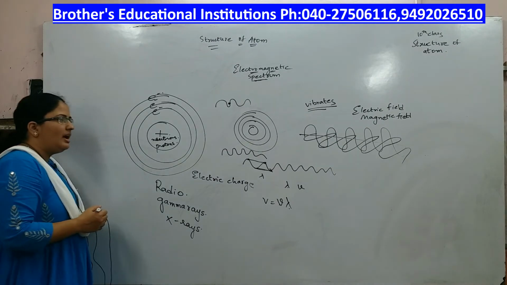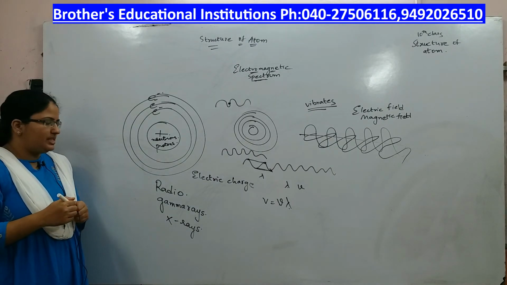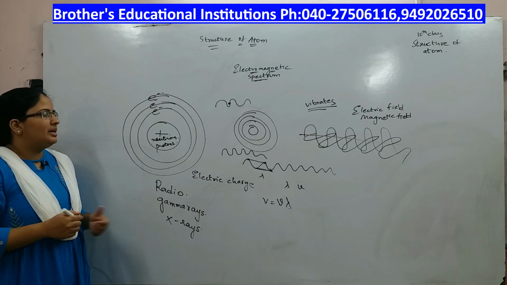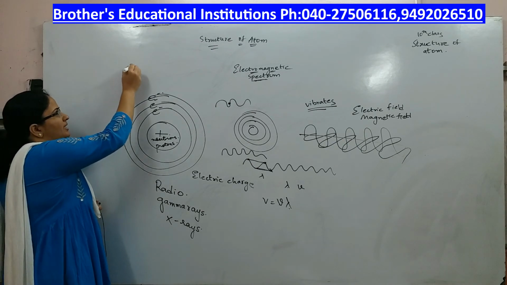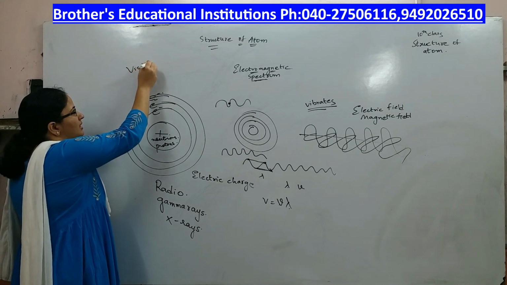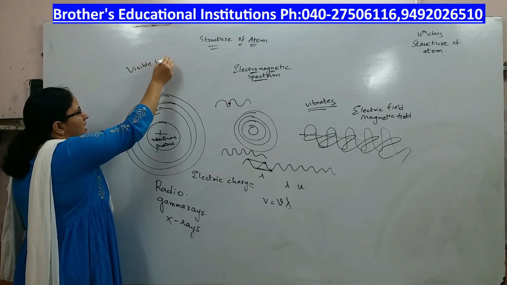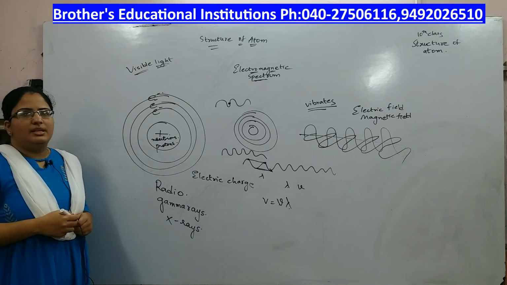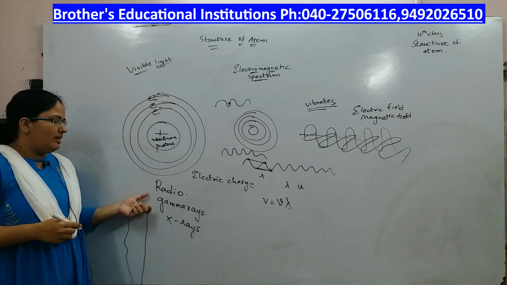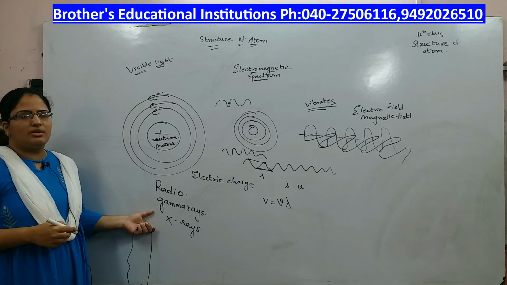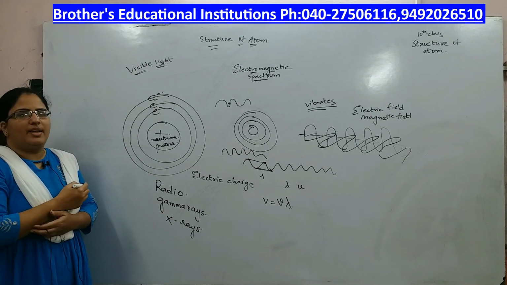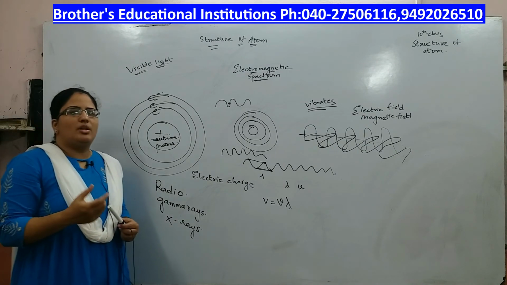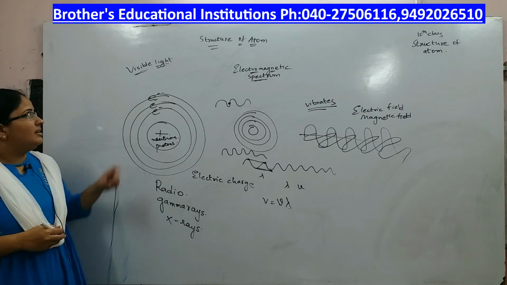These have different frequencies and wavelengths, but only the visible light can be seen, the remaining cannot be seen. You also have microwaves. They are also created when a charged particle moves, but you cannot see them. You can only see the visible light.